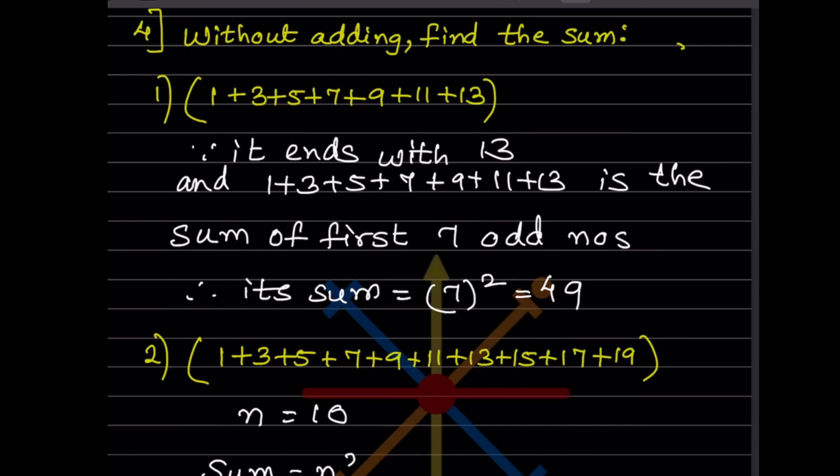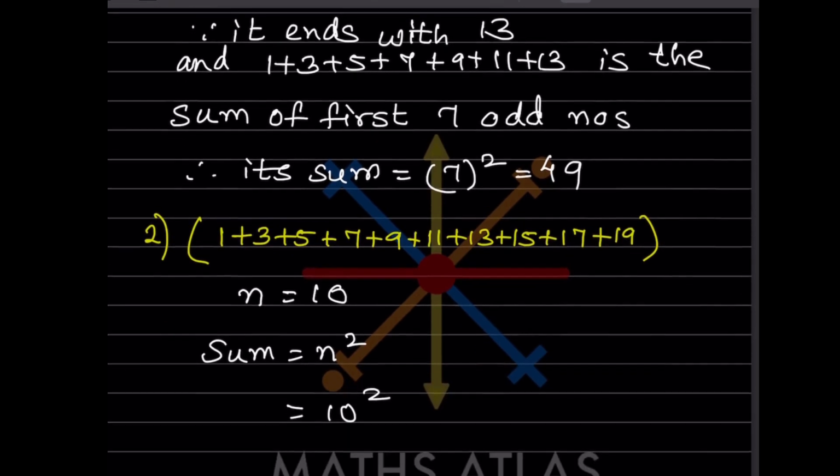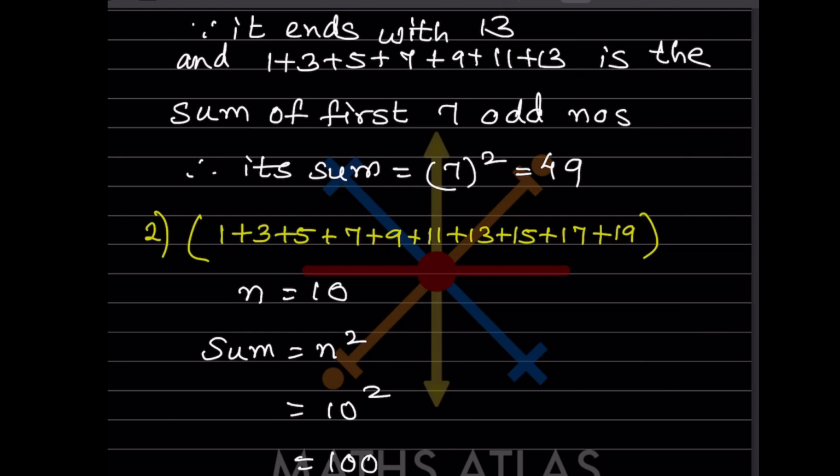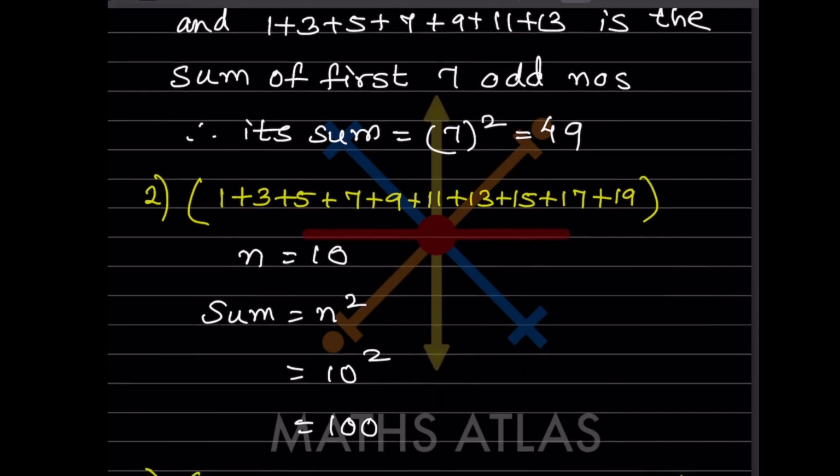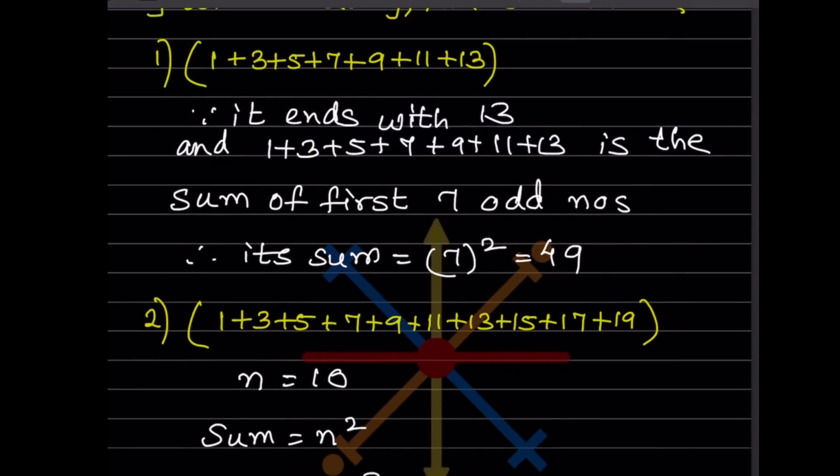We can write the formula n square. So n square is 10 square, and that is going to be 100. You can also write this way: the sum is equal to n square.